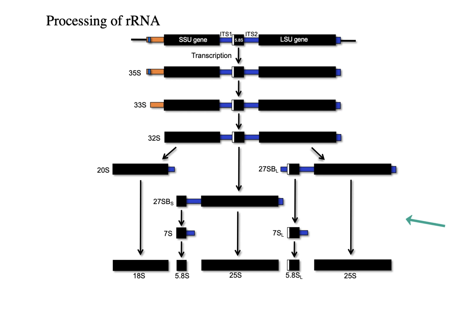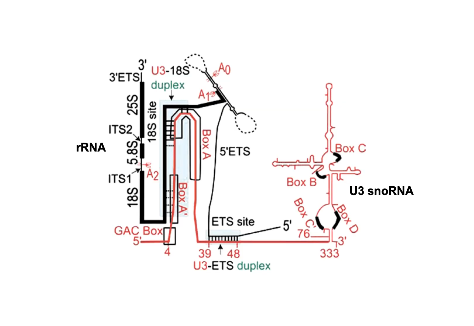And these processes of cutting the RNA and also modifying some of the bases are accomplished by snoRNAs, those small nucleolar RNAs. So here's a figure showing one of the snoRNAs, the U3 snoRNA in red.